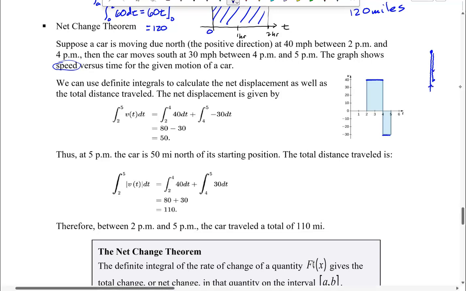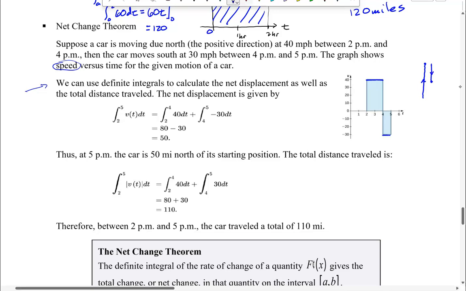All right, well, here it's explained that we can use the definite integral to calculate the net displacement. Now, what do we mean by net displacement? Again, let me go back to this little figure here. The car traveled north for 2 hours. Then it turned around and traveled south for 1 hour at a different speed, right?